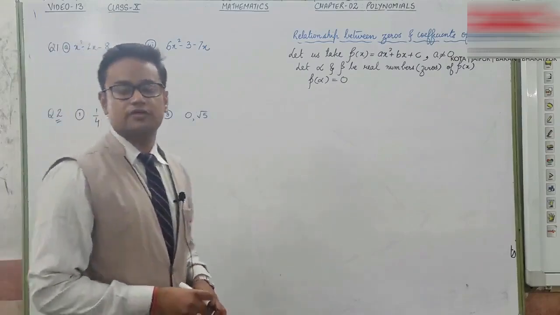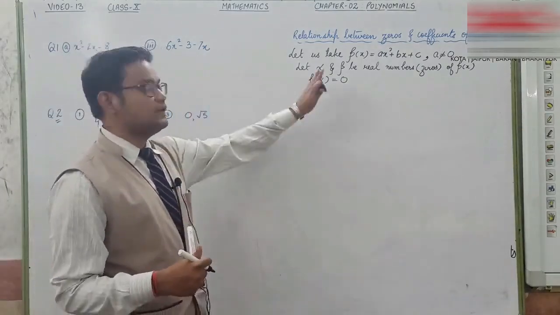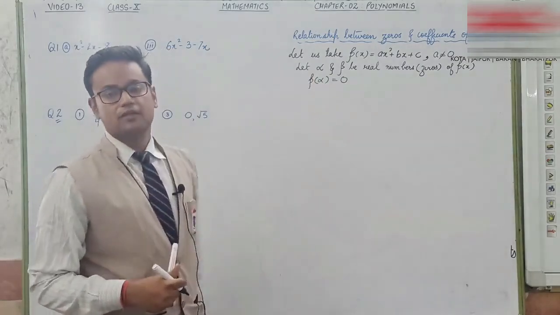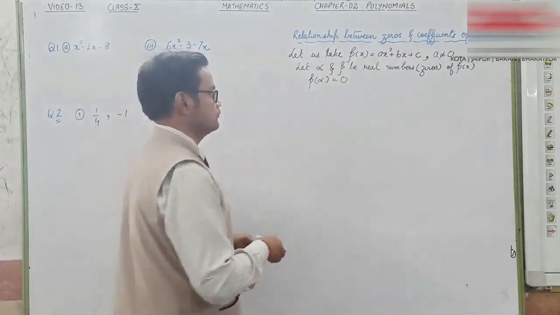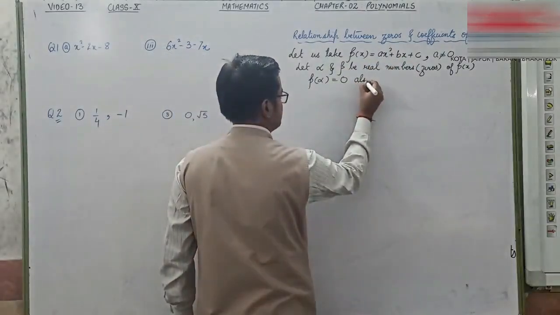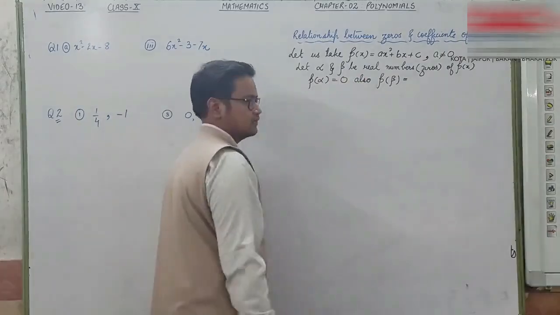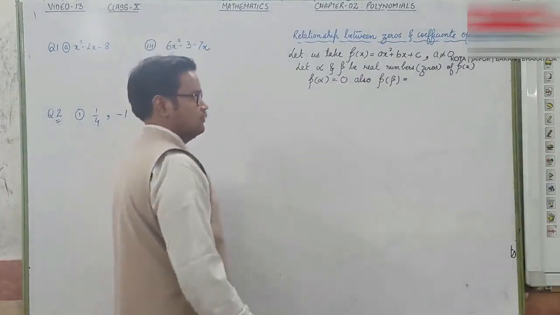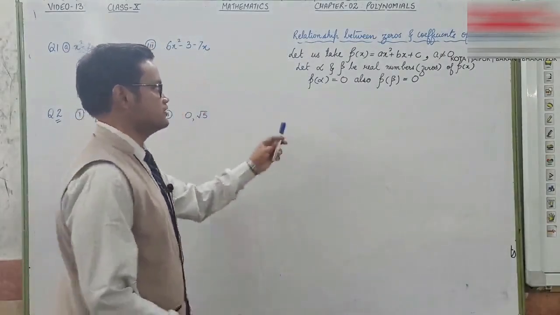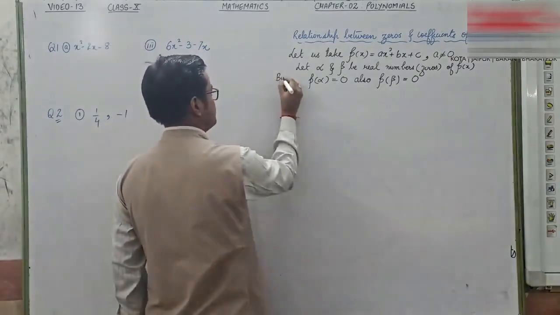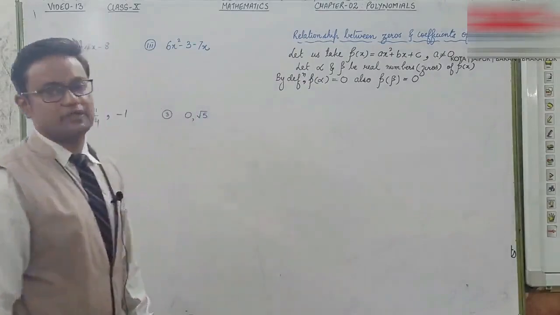We have discussed the meaning of the zero in the last lecture, children. If you keep alpha in place of x everywhere, the entire polynomial is reduced to 0. Also, P(beta), alpha and beta being letters of the Greek alphabet, is also reduced to 0. So by definition of a zero, P(alpha) and P(beta) are 0.